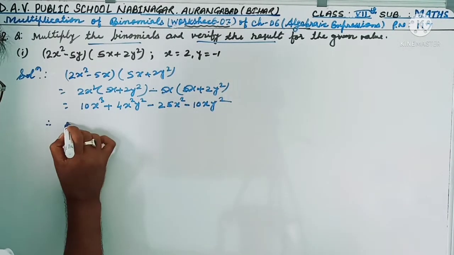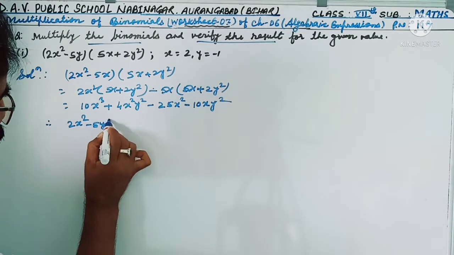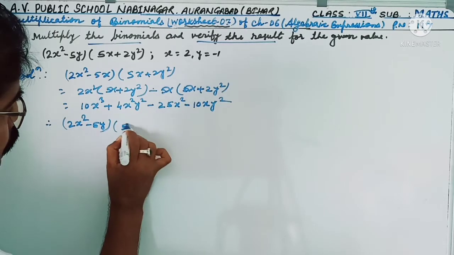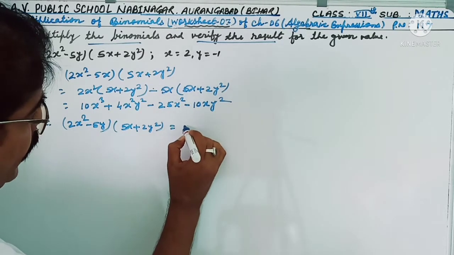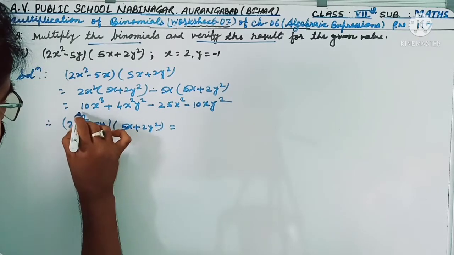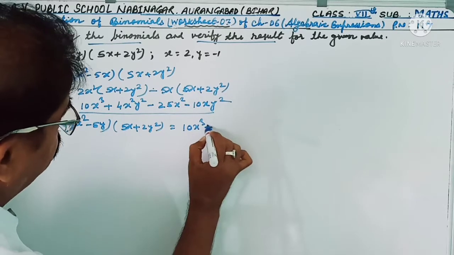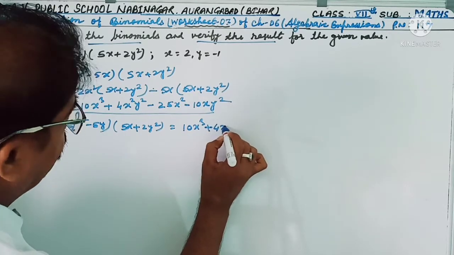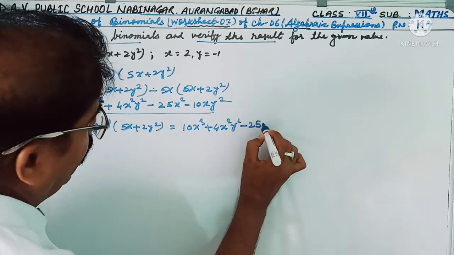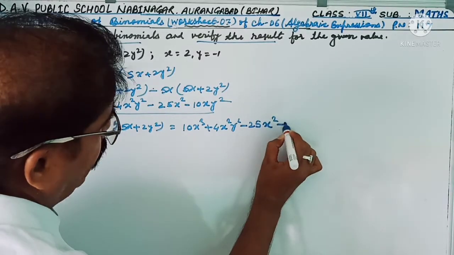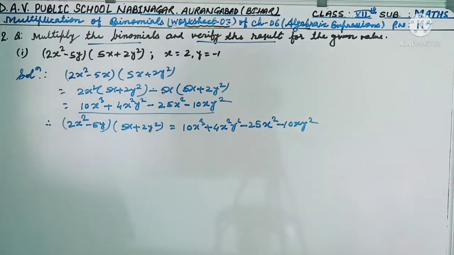So therefore (2x square minus 5y) into (5x plus 2y square) is equal to 10x cube plus 4x square y square minus 25x square minus 10xy square.